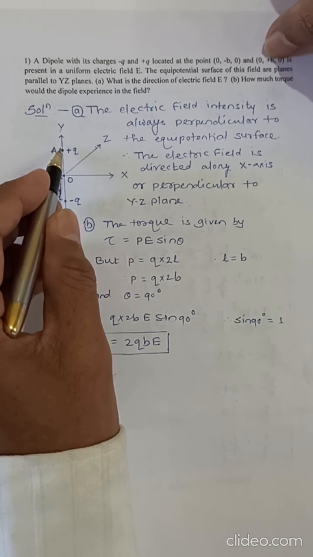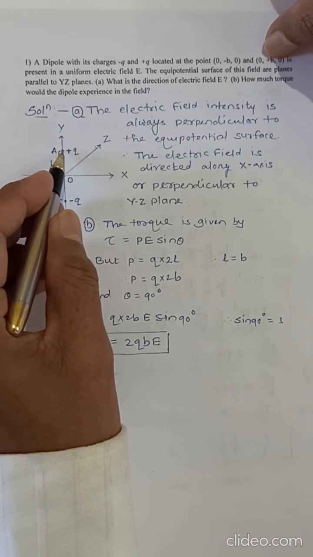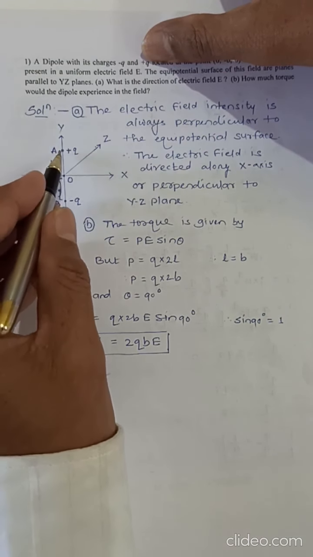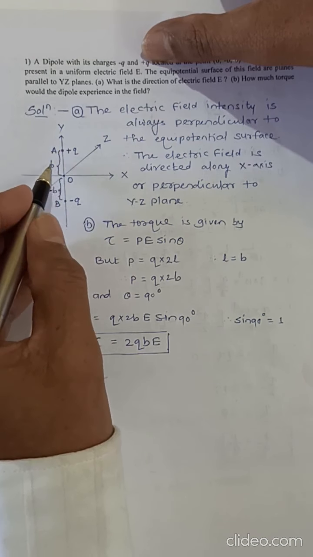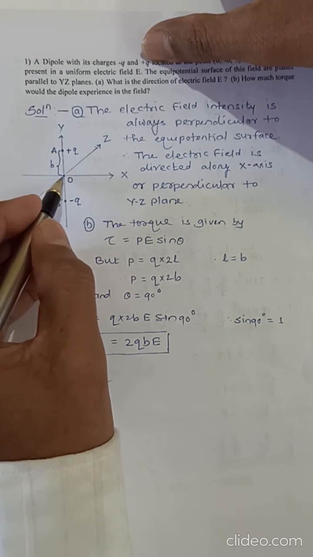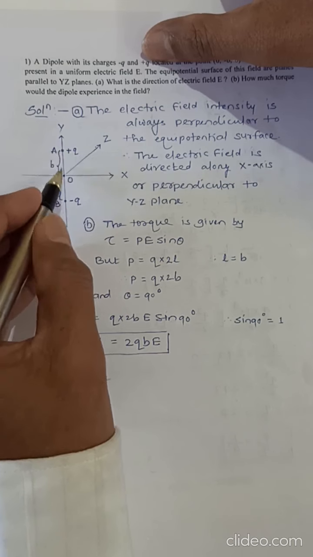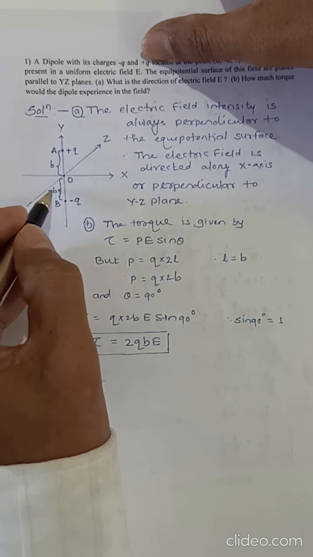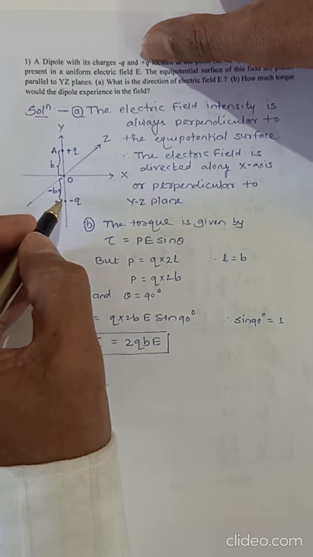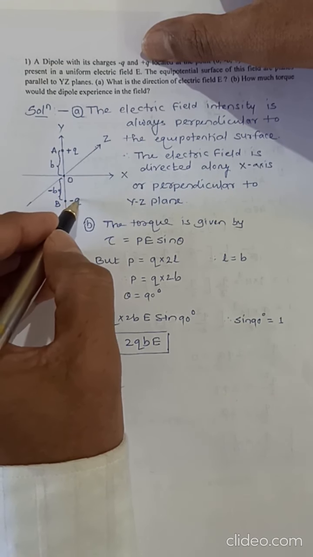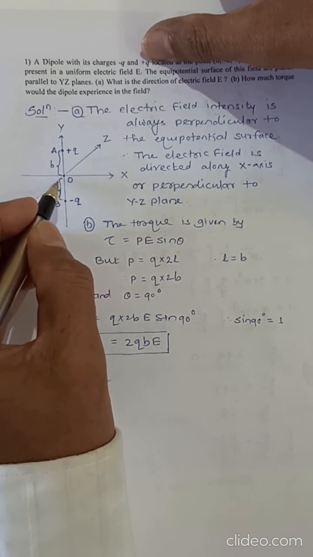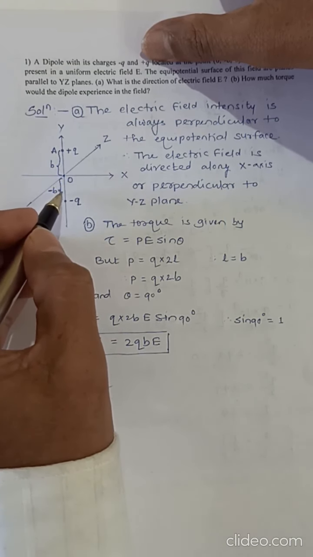So point A is situated at plus q. So this distance OA is equal to b, and OB is also equal to b. But because of the negative charge placed at point B, this is minus b.